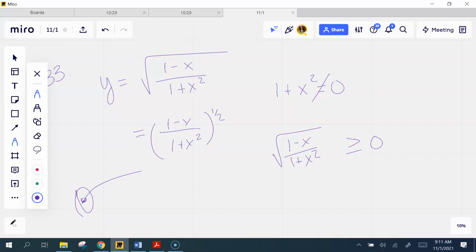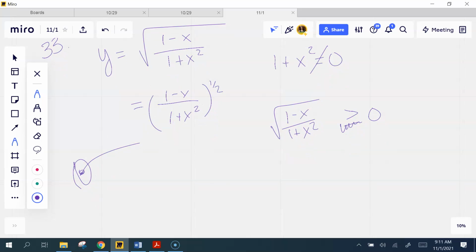So instead of greater than or equal to 0, it's going to be just greater than 0, because it's differentiable, not just defined. Okay, so let's solve it. I've got an inequality here that I have to solve, so I'm going to square both sides.